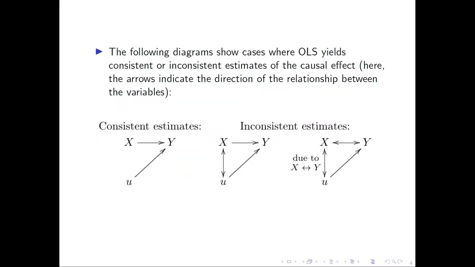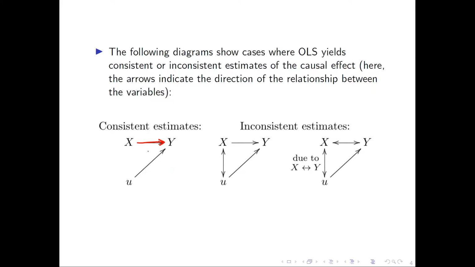To get a better view of what we are dealing with, we can look at this diagram to showcase cases where the OLS yields consistent or inconsistent estimates of the causal effect. The arrows here tell us where the causality goes.